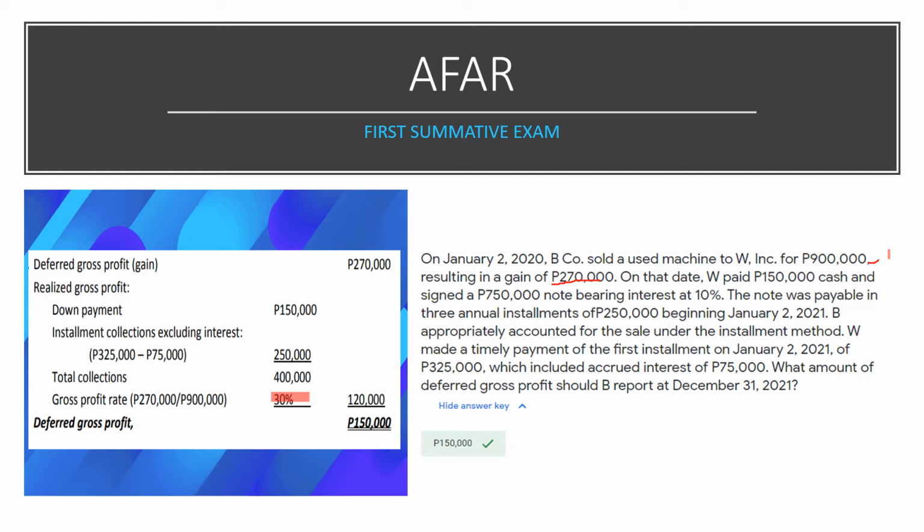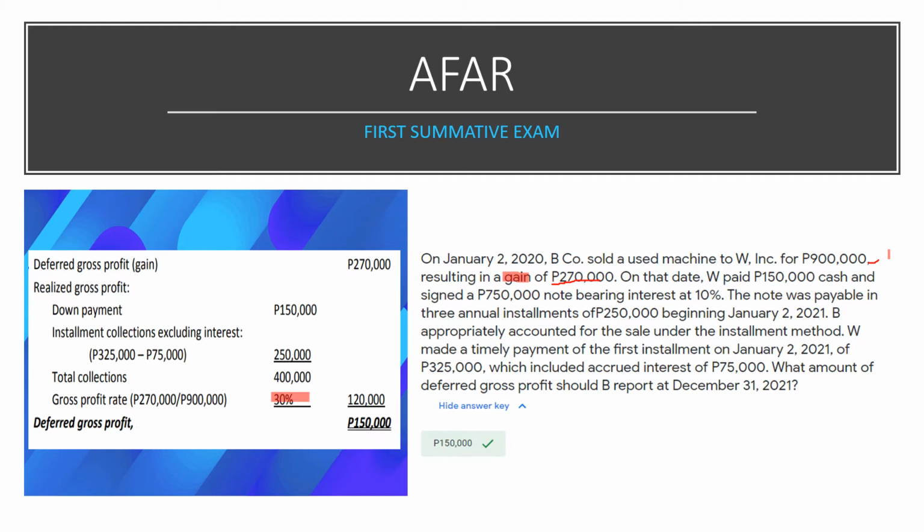The question is, what amount of deferred gross profit should be reported December 31, 2021? If there is a deferred gross profit here of 270,000, yung tinatanong is on 2021, ibig sabihin, nabawasan na itong 270,000 of the realized gross profit up to the year of December 31, 2021.